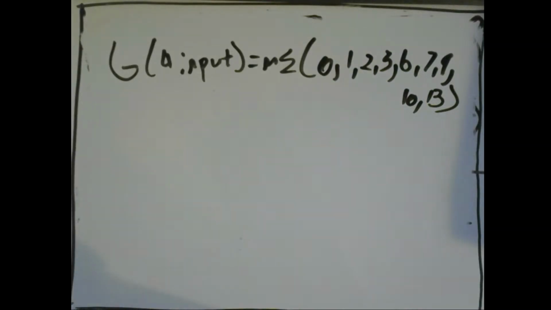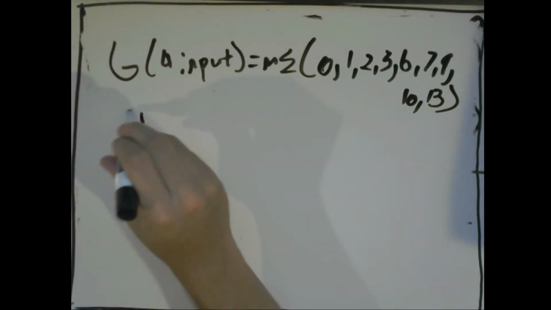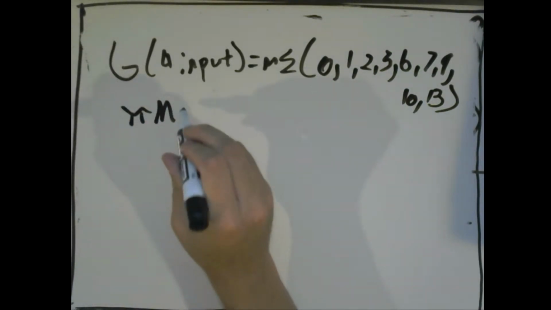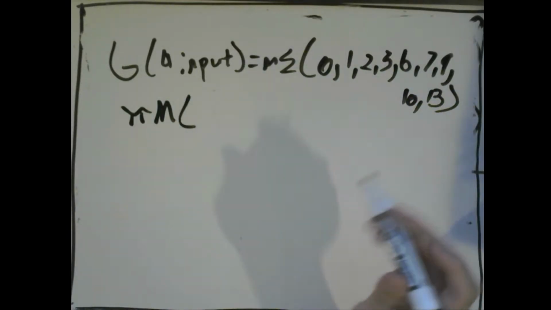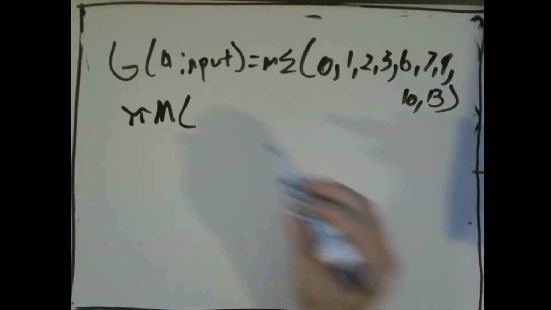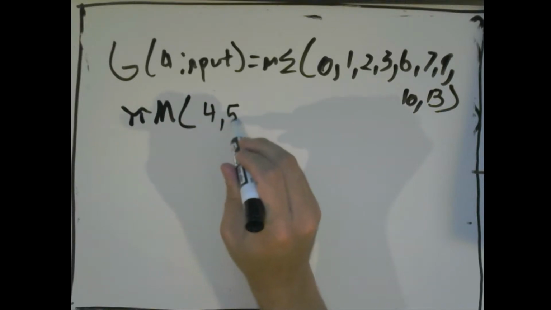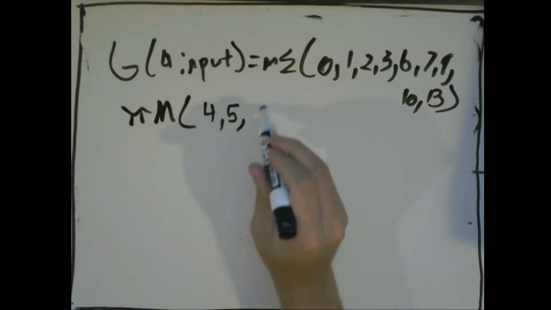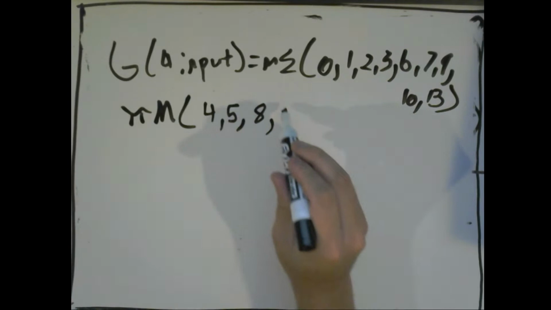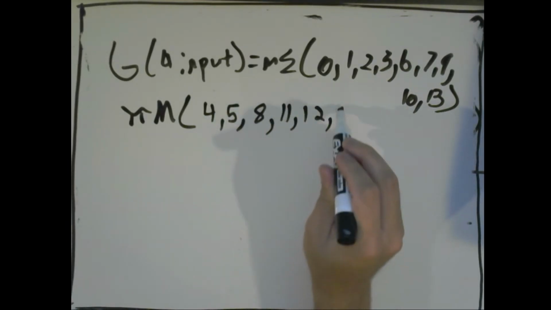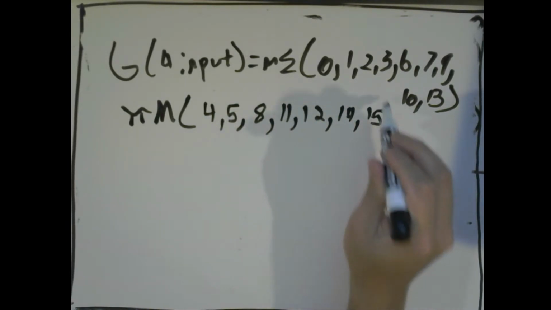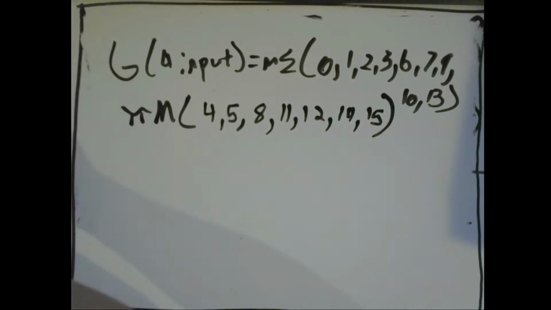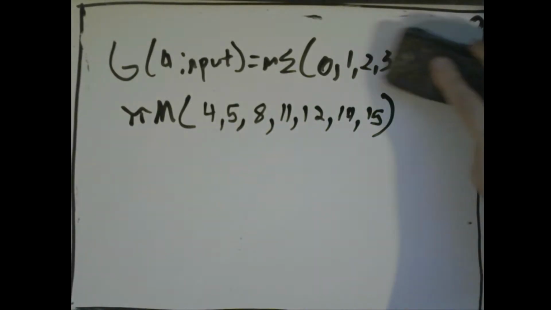Well, we want to do product of maxterms, so it's everything that's not in here. So 0, 1, 2, 3, 4, 5, 6, 7, 8, 9, 10, 11, 12, 13, 14, 15. So this is what we want to use.